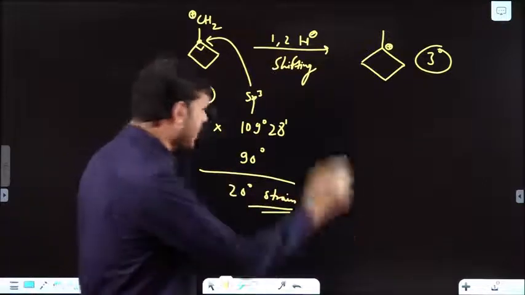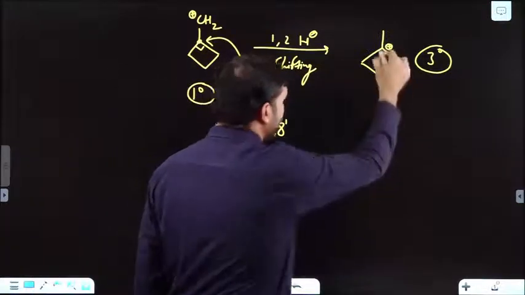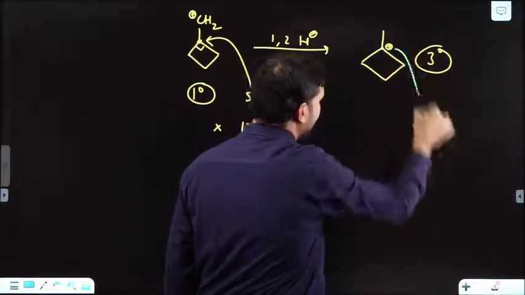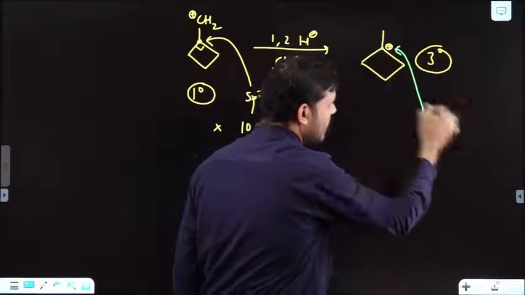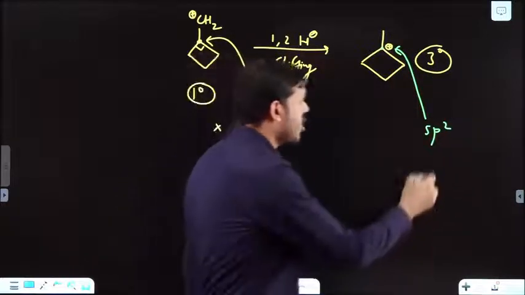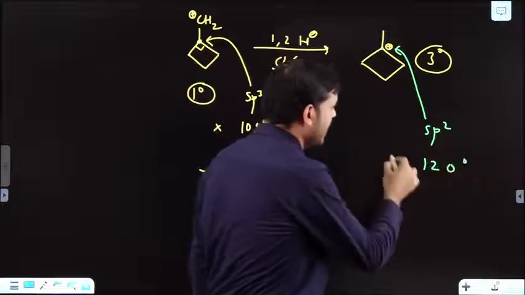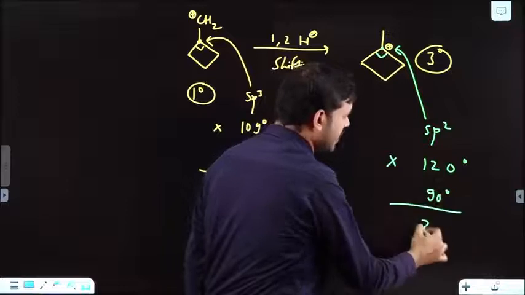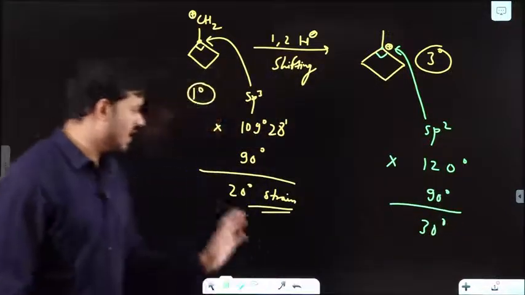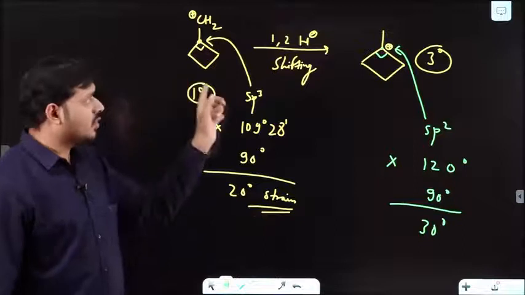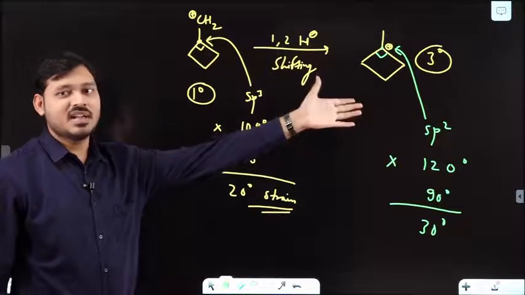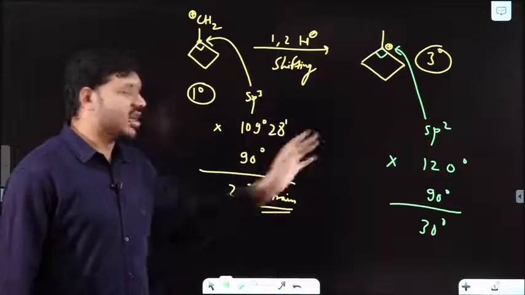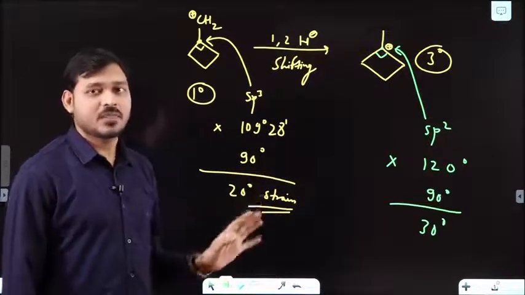Now what happens if, due to rearrangement, this becomes an sp2 carbon? For sp2 the bond angle should be 120 degree, but here it is 90 degree. So the strain is 30 degree. If you compare between these two, due to hydride shifting the stability has even decreased. So in such cases, you cannot make hydride shifting. Okay, clear?